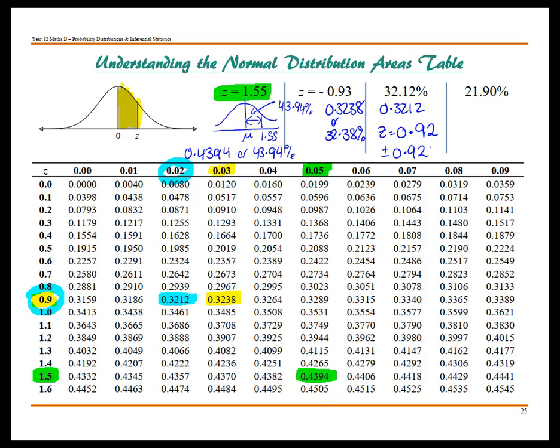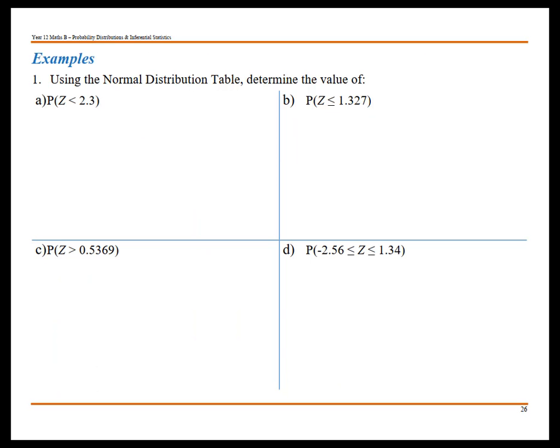Okay, it could be above or below. 21.9%, get a different color. Okay, 21.90 is right there. So that's corresponding to 0.58. So Z would equal plus or minus 0.58. So use your normal distribution table to try and answer these questions as I do.